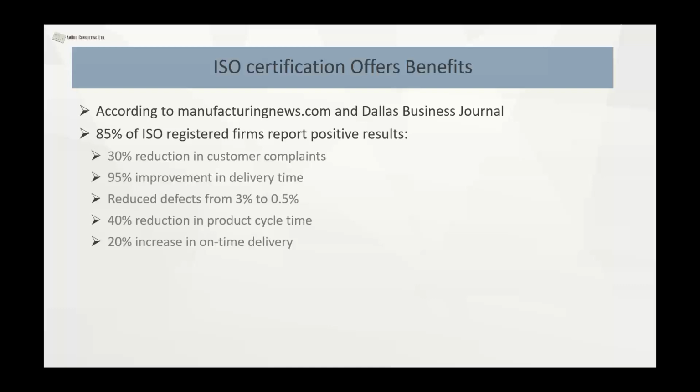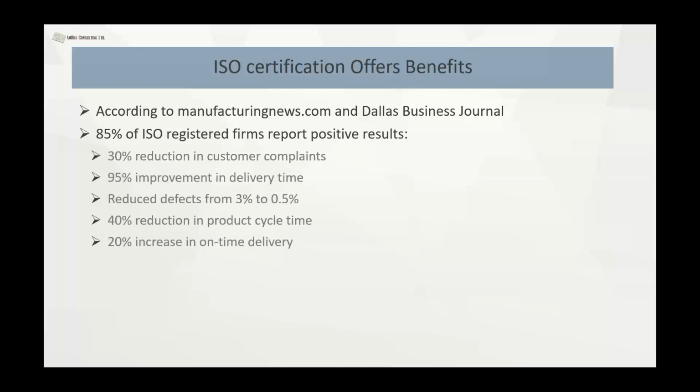And this information I just came across came from both the Manufacturing News and the Dallas Business Journal, okay? And what it really said is that 85% of the ISO registered firms have reported positive results. And what are they? What improvements have they achieved?